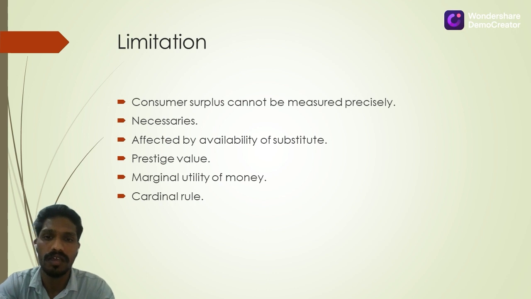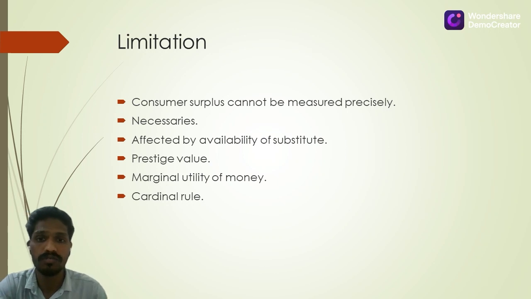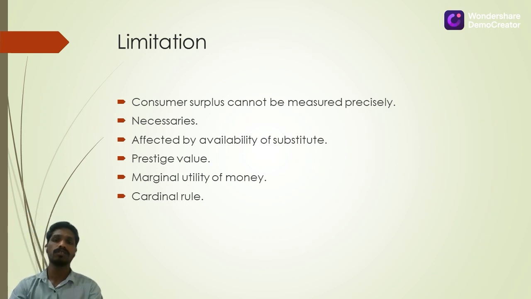The first limitation is that consumer surplus can't be measured precisely. Second, it is affected by necessaries. Third, it is affected by the availability of substitutes, prestige value, marginal utility of money, and cardinal rules. So that's it.